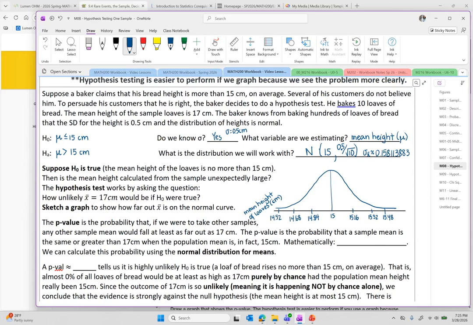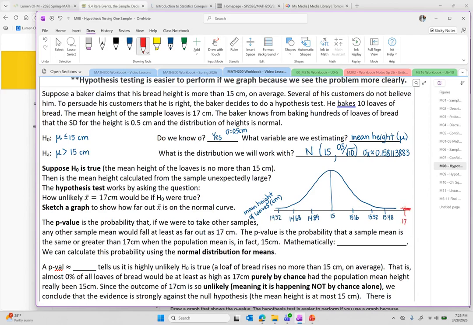And a sample mean out of 10 loaves of bread of 17 is really far to the right. It's actually somewhere here, 17. We'll have a probability of being this much or more extreme of something really small. So I would like to find that probability approximately.